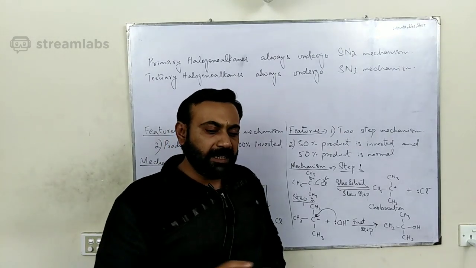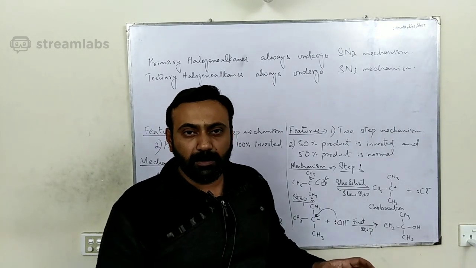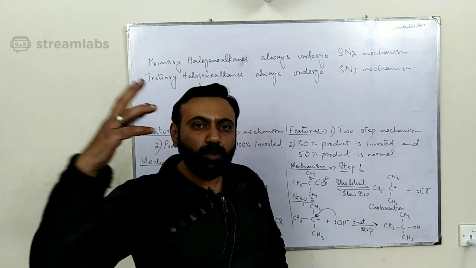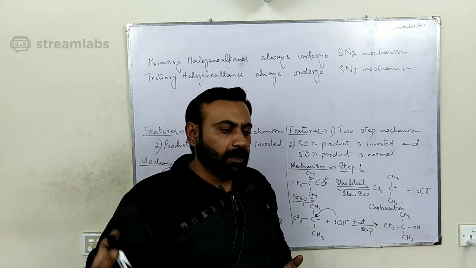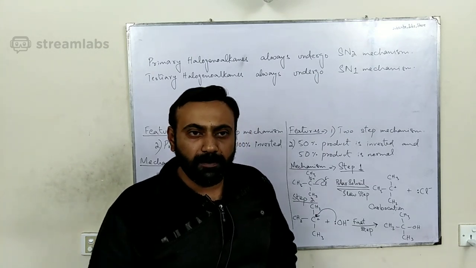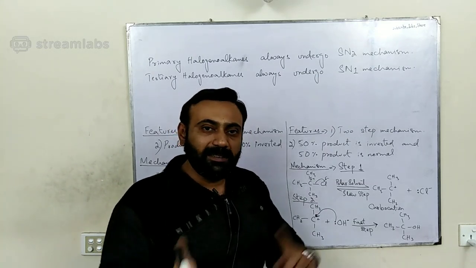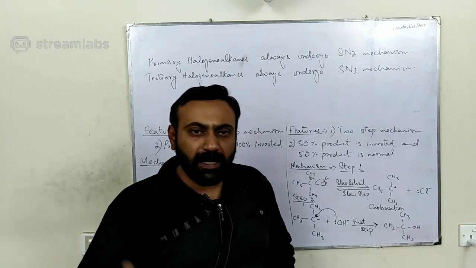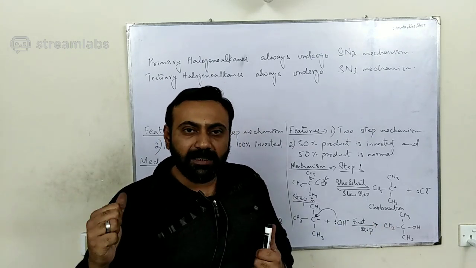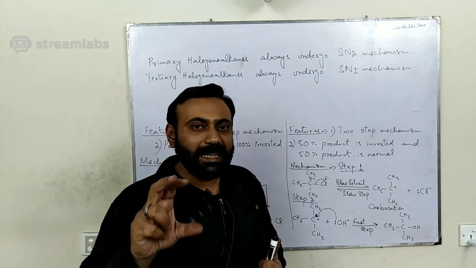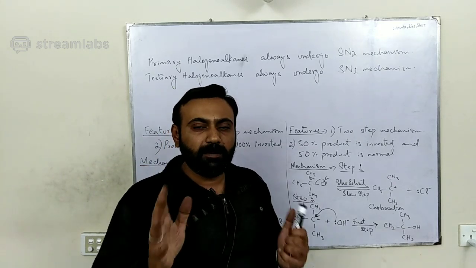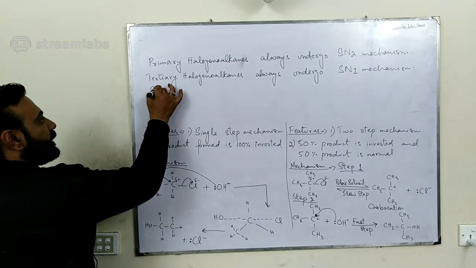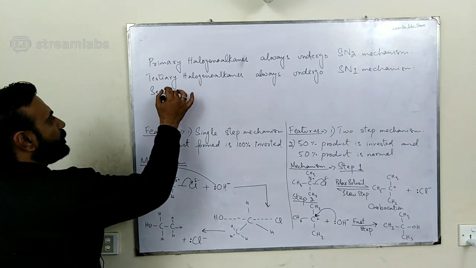What happens is that if a secondary halogenoalkane is involved in the substitution reaction, they give you some clue in the question, like they say that only one molecule was involved in the rate determining step. That means they're talking about SN1. Sometimes they say that a single step mechanism took place. That indicates the mechanism is SN2. So they give you clues in the questions about which mechanism you have to follow. But secondary halogenoalkanes undergo both the mechanisms.